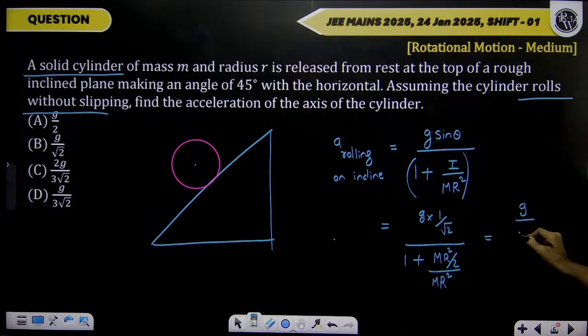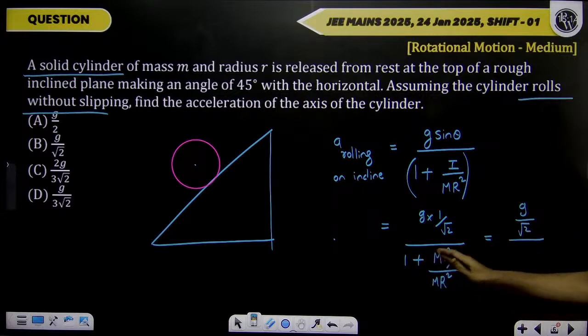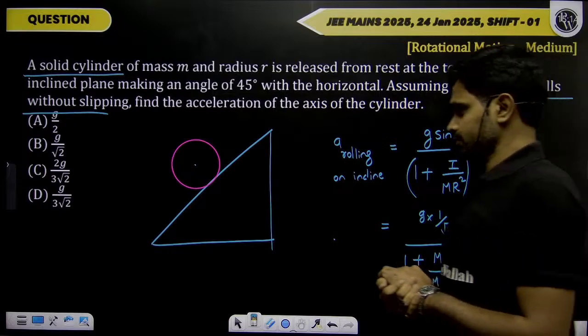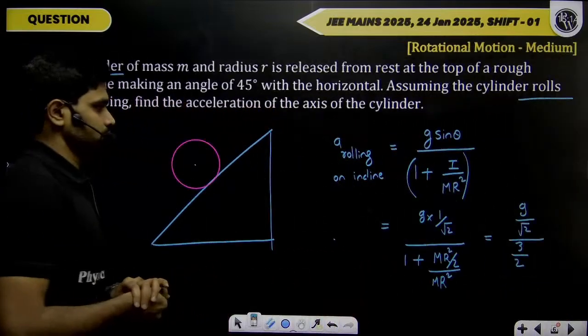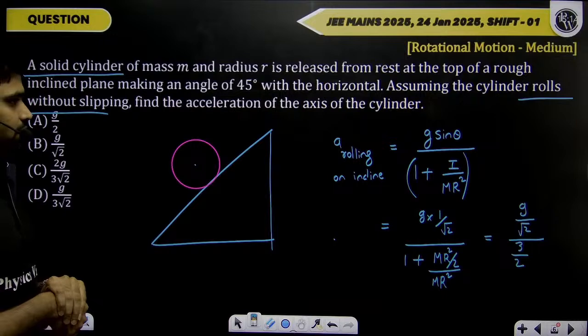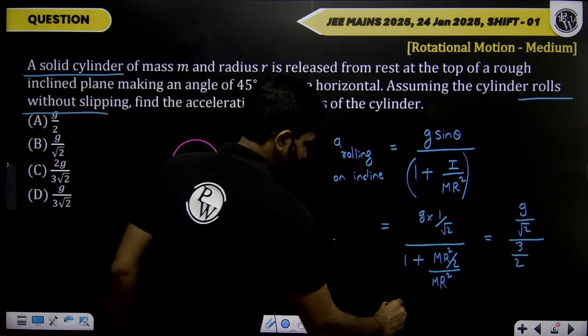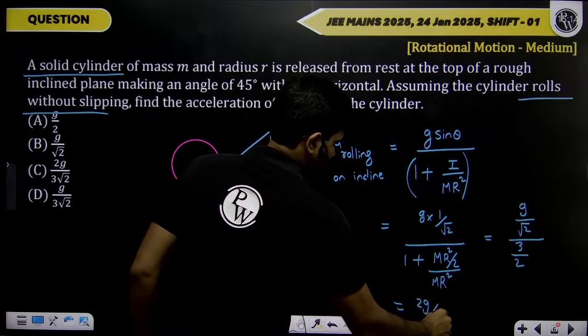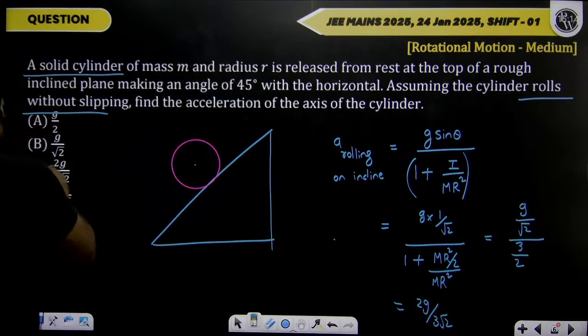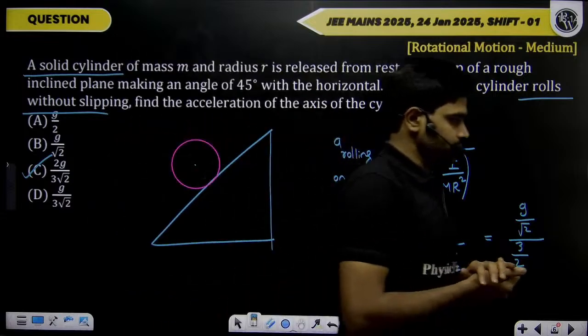This g by root 2 over 1 plus 1 by 2, which is 3 by 2. So we are getting 2 by 3 root 2, 2g by 3 root 2. C option, that is the correct one here.